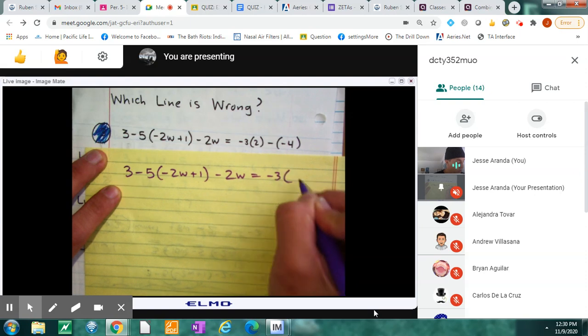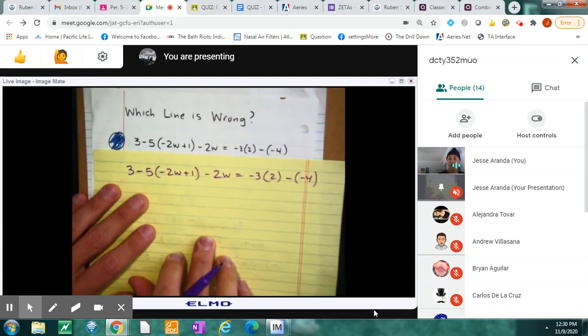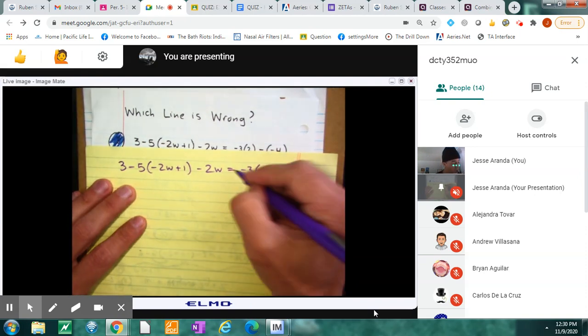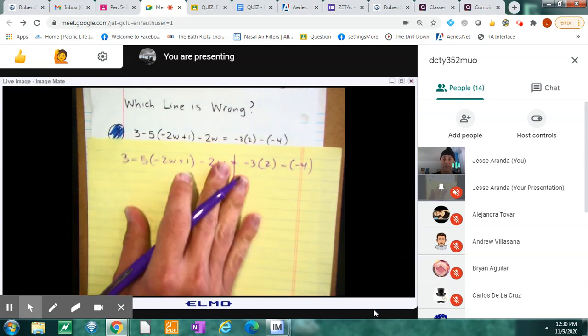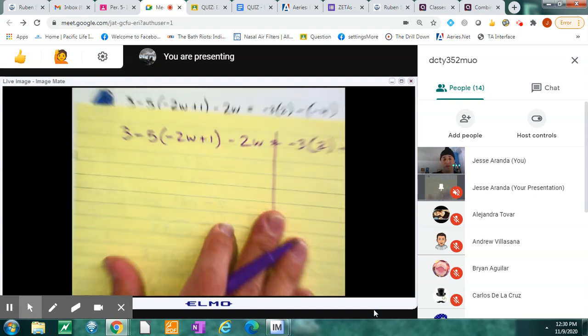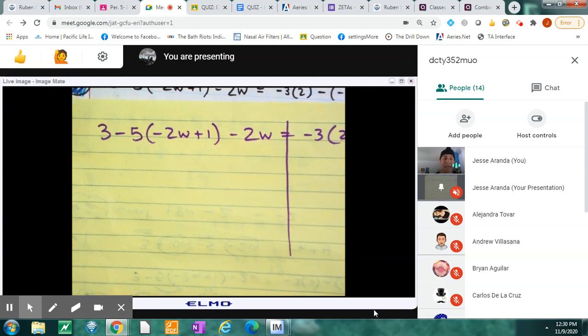Okay, write it down real quick. Okay. So then what do we do, Carlos? After I draw the line in the middle, let's work on the left side. What do I look for, Carlos? Do I start adding and subtracting, or should I do multiplication, distributive property?